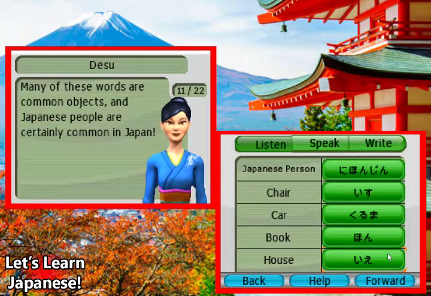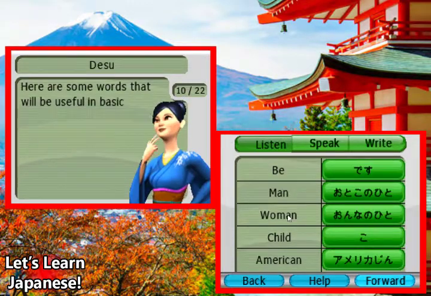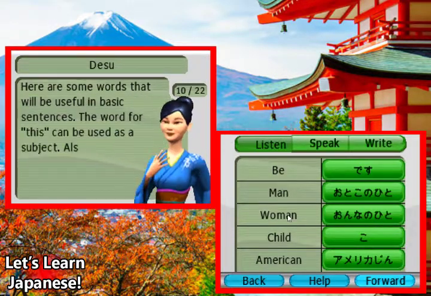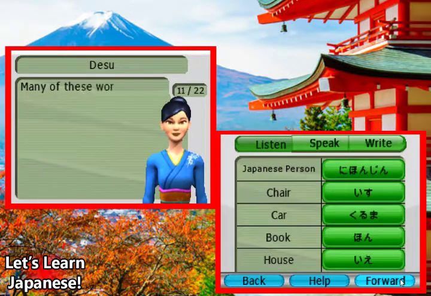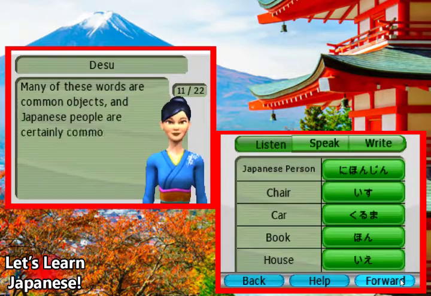But you kind of linger on the e longer for no. So we had desu, otoko no hito, onna no hito, ko, America jin, Nihonjin, isu, kuruma, hon, and ie.